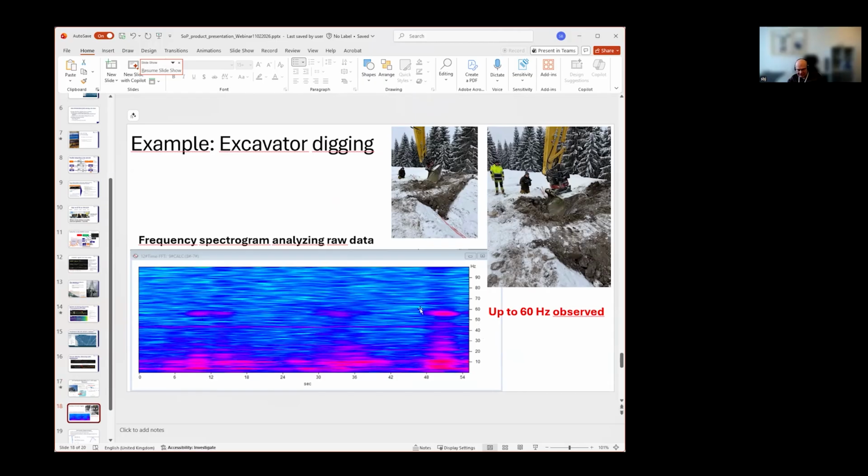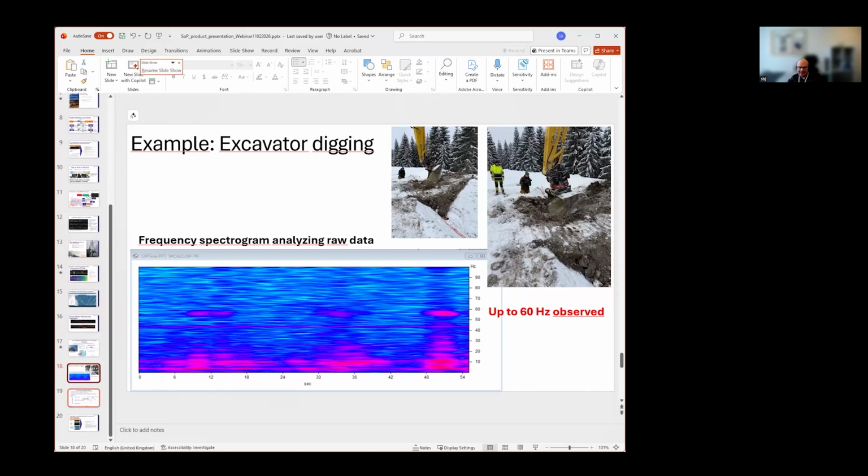We can generate this with Python scripts, so we can generate spectrograms. What you see here is that it's basically below 100 Hertz, this digging. Here they are digging above the cable, and you see the cable is here, and they are digging here. So it's not a very strong signal actually, but you see it, and you see the frequencies are very low.